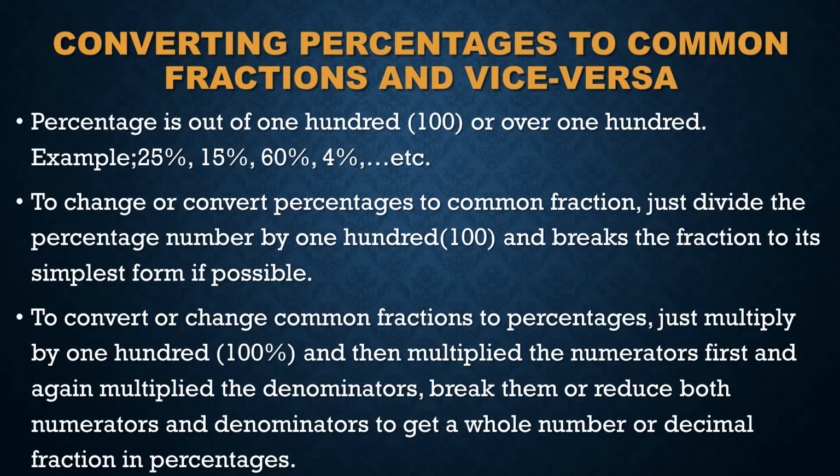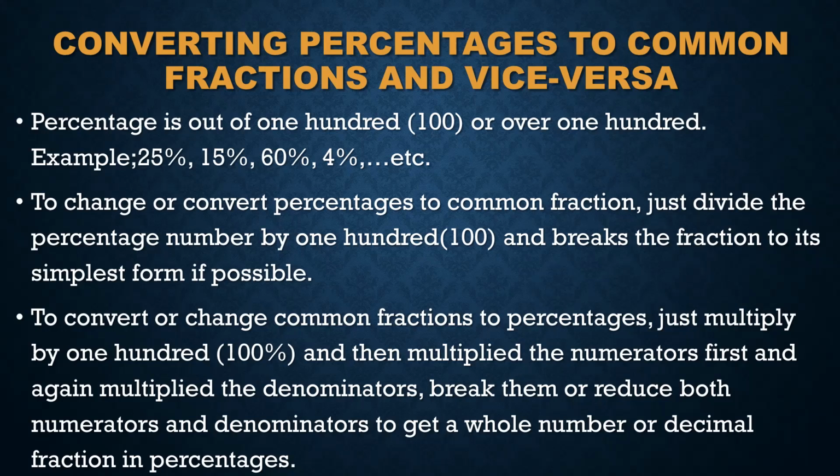In order to change percentage to common fraction, the first thing you have to do is what? Just divide the percentage number by 100 and reduce the fraction to its simplest form if possible.